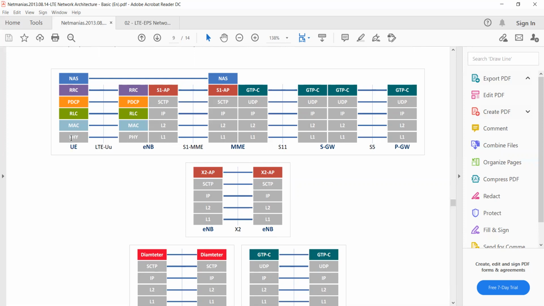We will discuss each and every layer: what is the physical layer, what is the MAC layer, what is RLC, PDCP, RRC, or NAS. Now let me share what these layers are and what their responsibilities are.